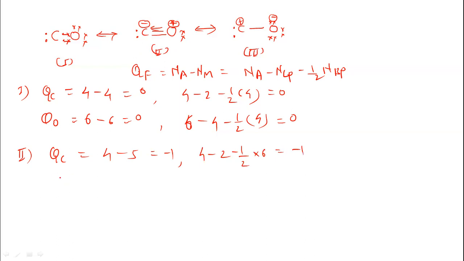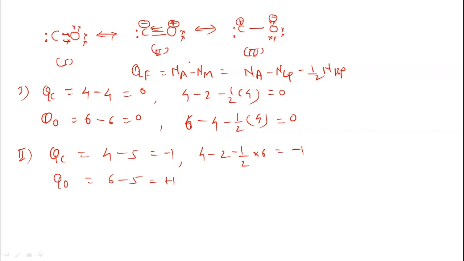For the oxygen atom, let us see. It is very simple to calculate the formal charge. Number of valence electrons in case of the oxygen, 6, minus number of electrons in the molecule. You can see these 2 electrons are there, this is 3, 4, 5. So you can see here oxygen is having plus 1 charge.